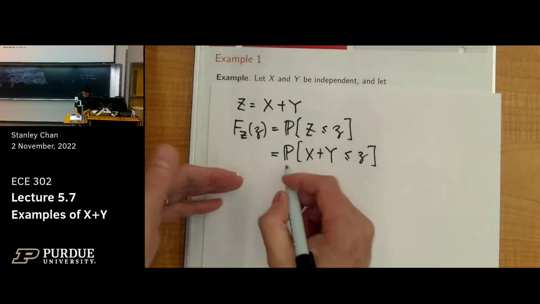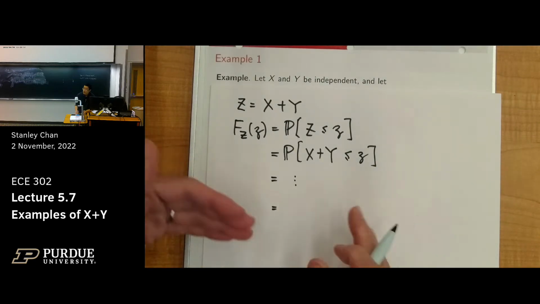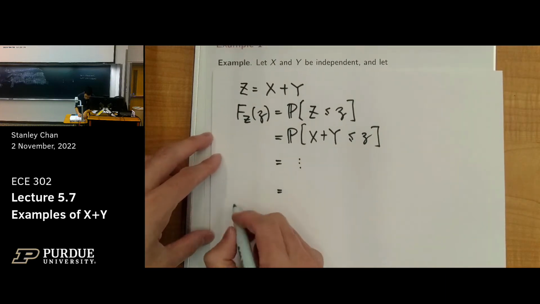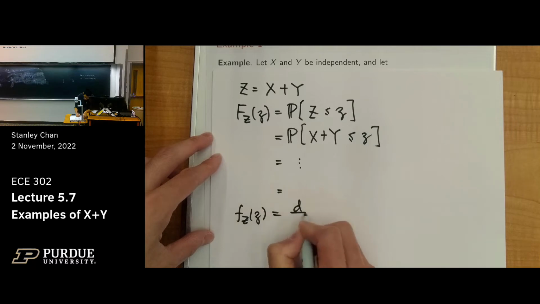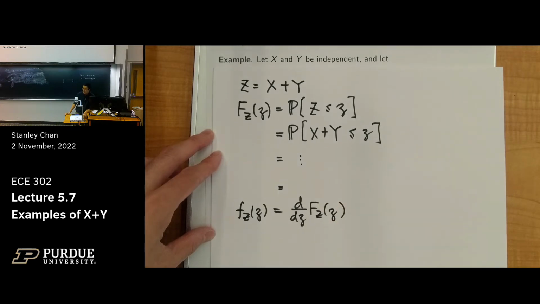Okay, so now I'm going to do some calculations, and eventually I will get some expression down there. Then I'm going to calculate the PDF. The PDF, of course, is just going to be the derivative of the CDF. So that's coming from the definition. And then I'm going to do some additional calculation and then find the final result for you, right? So we just need to fill out these blanks.